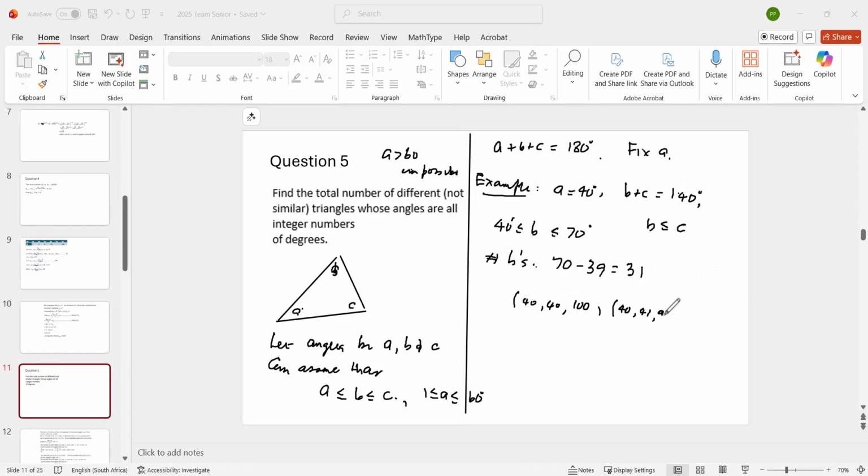Now it becomes 99, because the sum is 180, you see. So if you increase this by 1, you have to decrease this by 1. And so on. You've got 40, 42, 98, and so on. And it can only go up to 40, 70, 70. Right. And there are 31 of these.